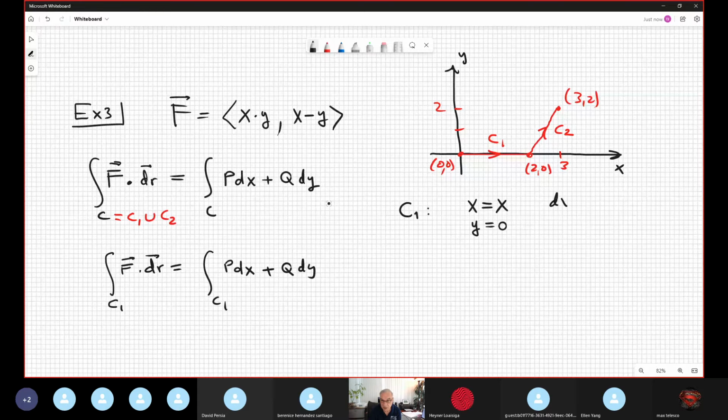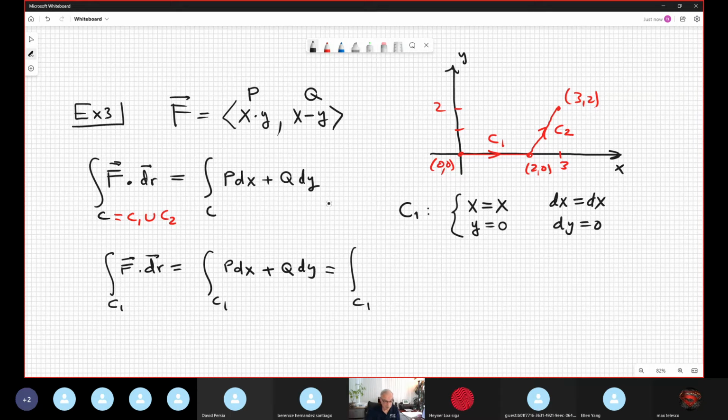Therefore differential x is equal to differential x, but differential y is 0. So I go to the formula, integral over C1 with P and Q, but you evaluate under the condition along C1. Y is 0, it's obvious, so the P is 0.